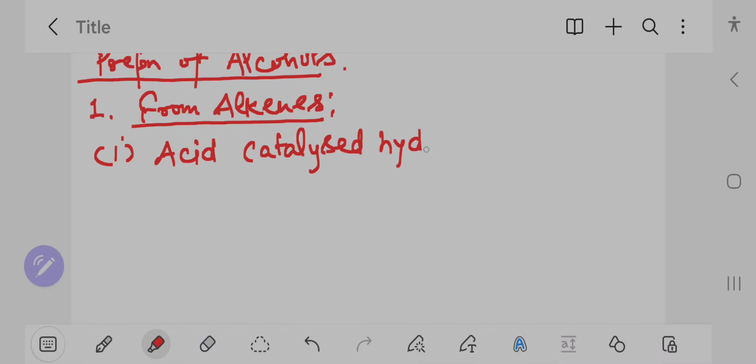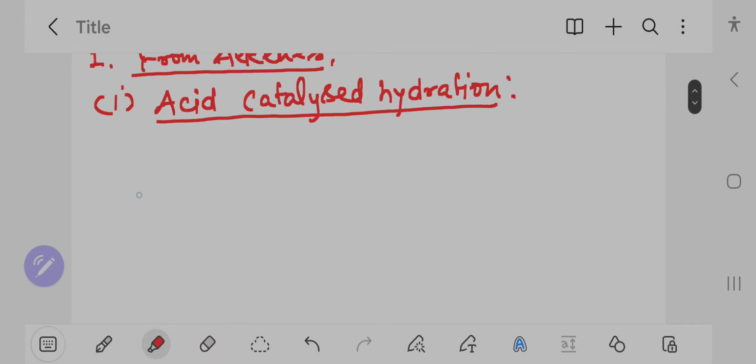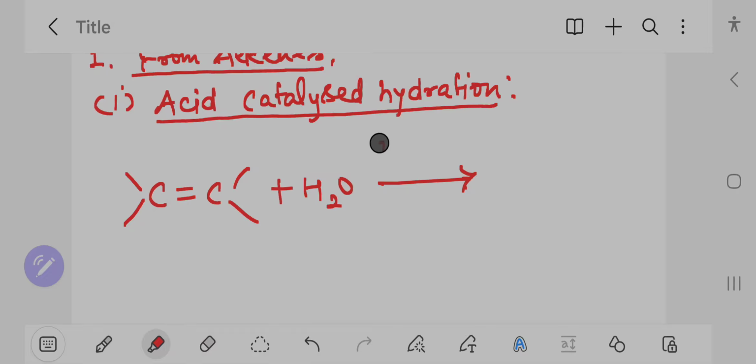Acid catalyzed hydration means that a water molecule is added to an alkene, and this reaction is catalyzed by an acid.